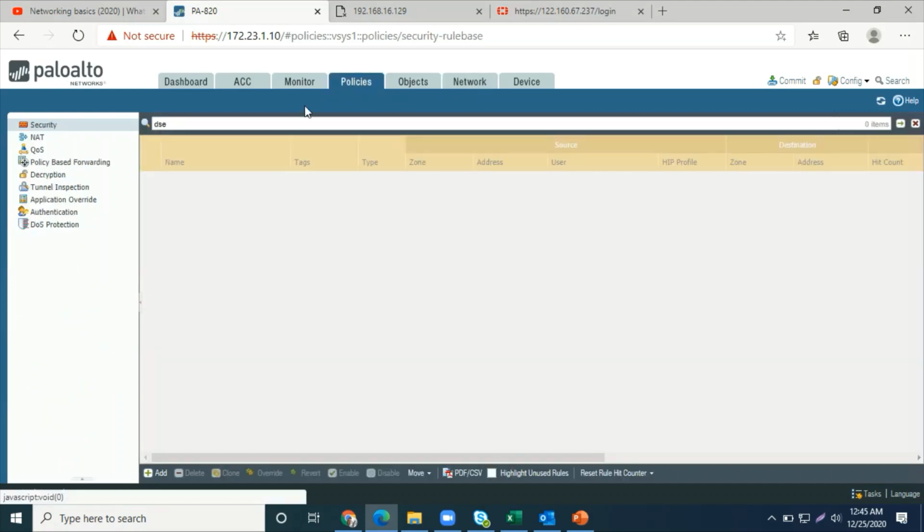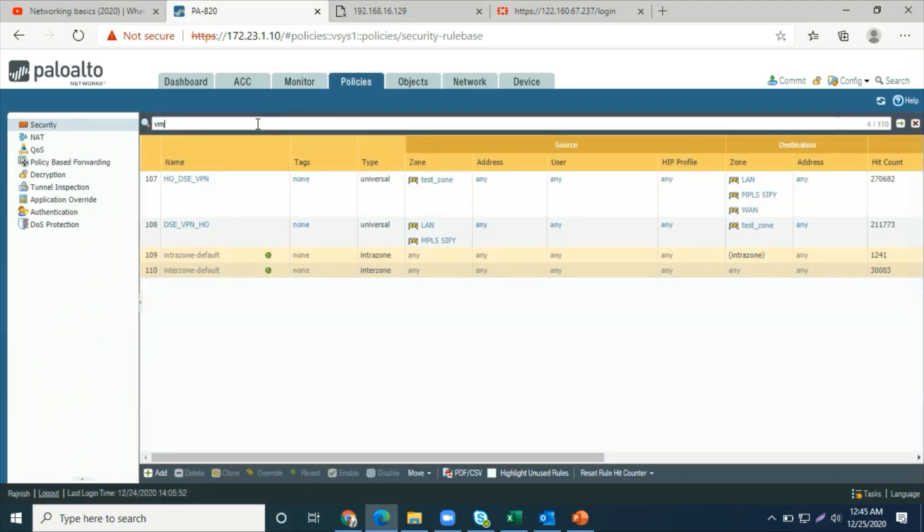After that, you need to define the policy. The policy is defined for local LAN to VPN, and then VPN interface to local LAN.